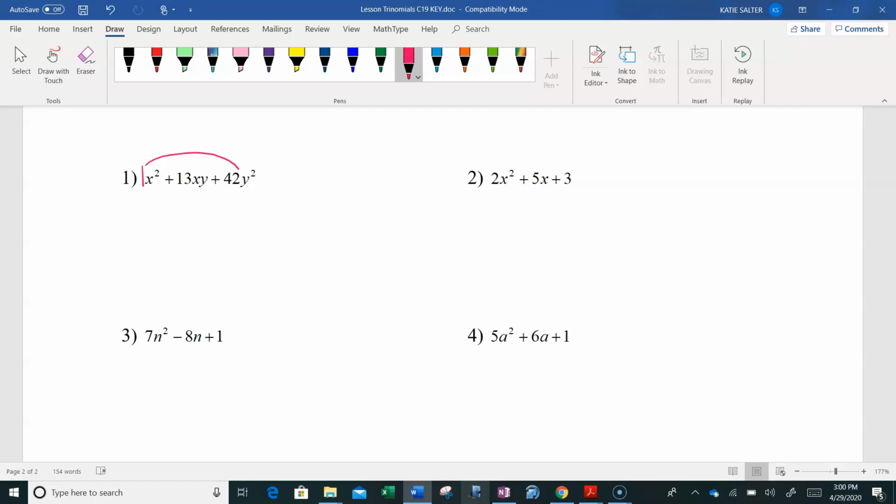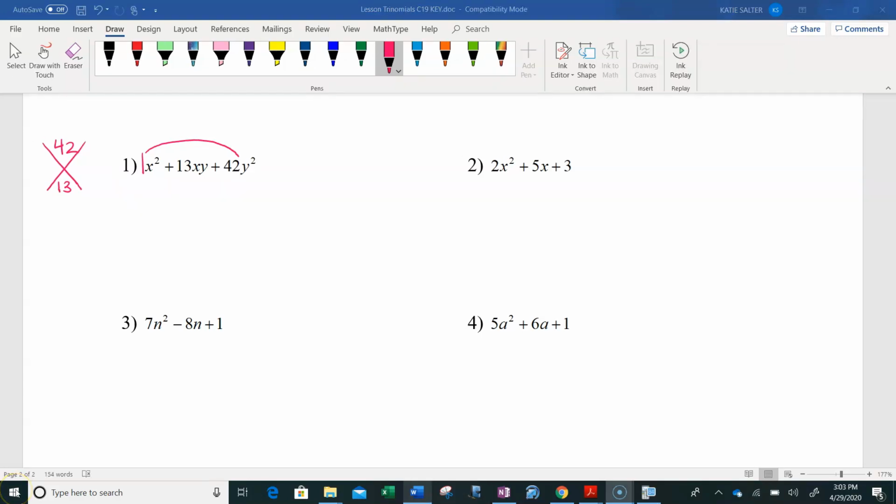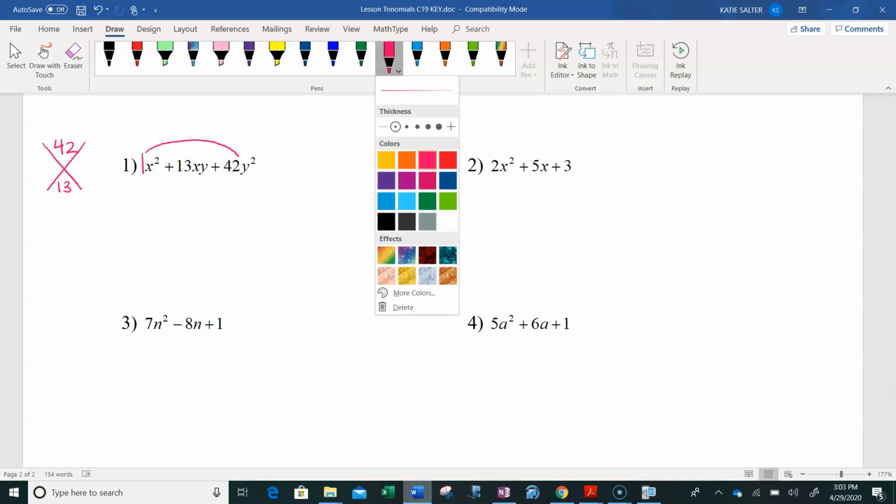Well, 1 times 42 is 42. So we're trying to find what 2 numbers multiply to positive 42, but add to this middle number of positive 13. If you go through your factors of 42, 1 and 42, 2 and 21, 3 and 14, or 6 and 7, we would realize that the correct factors for this one are going to be 6 and 7.